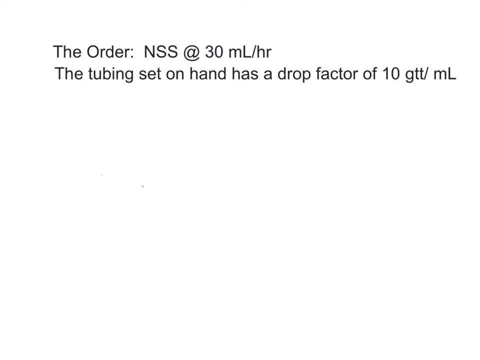So let's start to look at what's going on here. Don't forget to capitalize your L. Our order is 120 mLs per hour. With this 10 drops per milliliter tubing, we end up with 20 drops per minute, right?